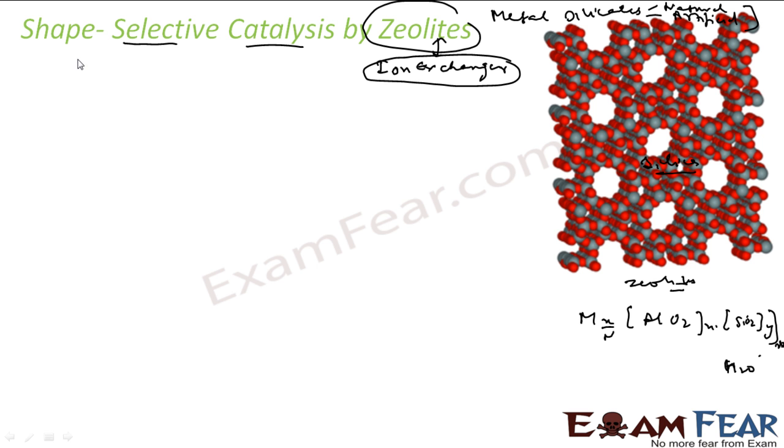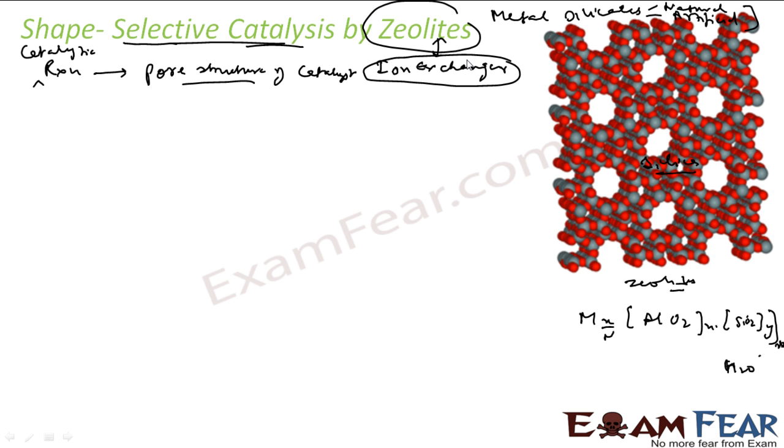So what is this? Selective catalysis is nothing but a catalytic reaction that depends on the pore structure of the catalyst. If it depends on the pore structure of the catalyst and also obviously the structure of my reactant and product, this is called selective catalysis.